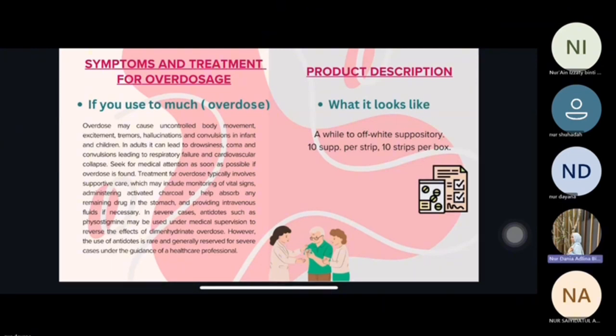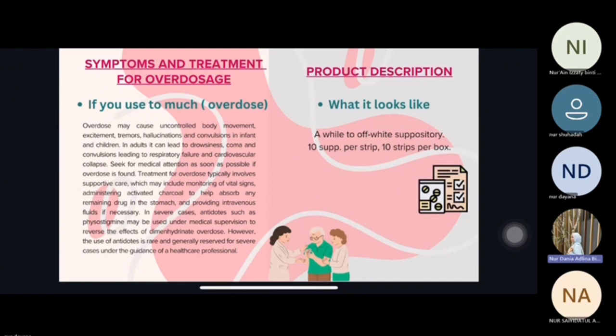In adults, it can lead to drowsiness, coma, and convulsion, leading to respiratory failure and cardiovascular collapse. Seek medical attention as soon as possible if overdose is found.